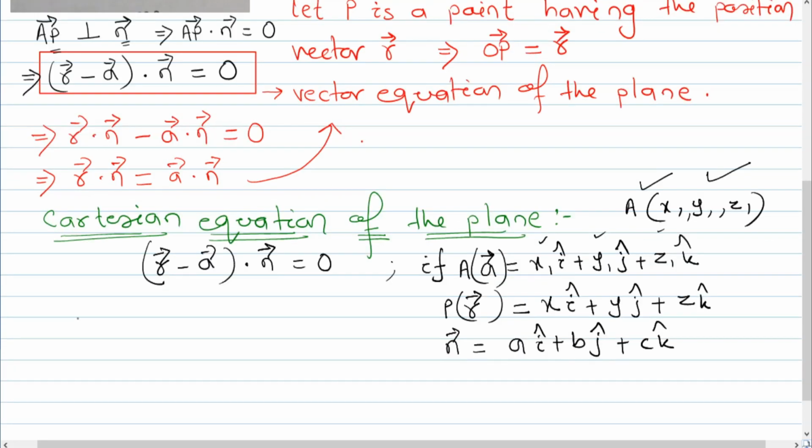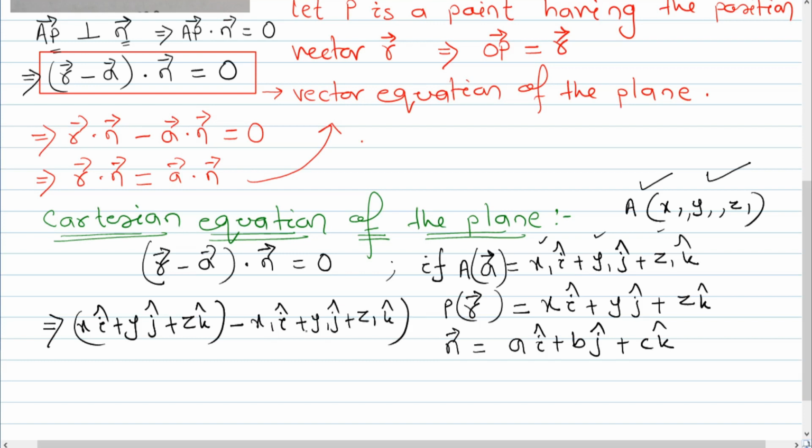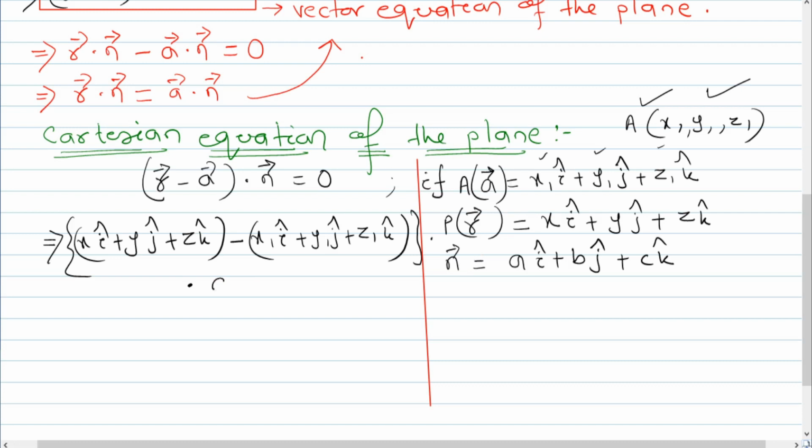Now putting all these values here: (x i cap plus y j cap plus z k cap minus (x1 i cap plus y1 j cap plus z1 k cap)) dot product with n vector, that is A i cap plus B j cap plus C k cap, is equal to 0.